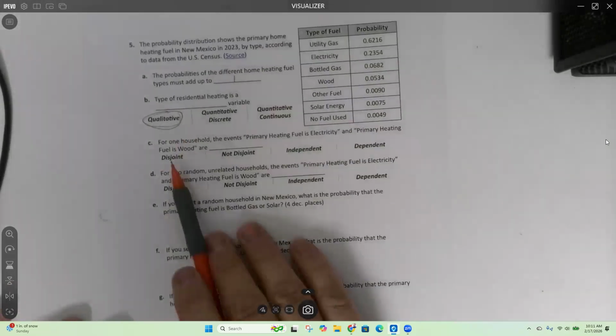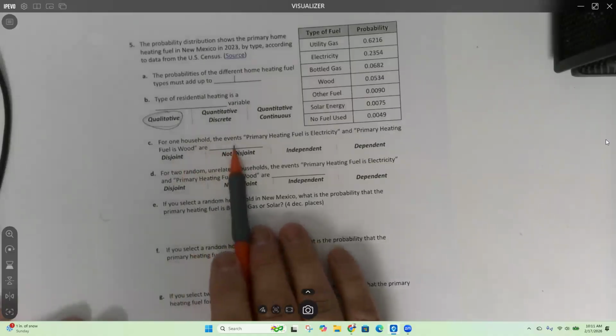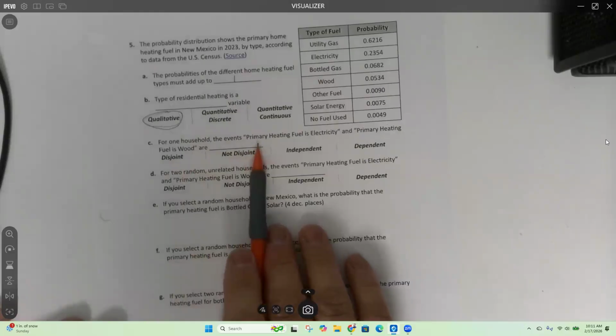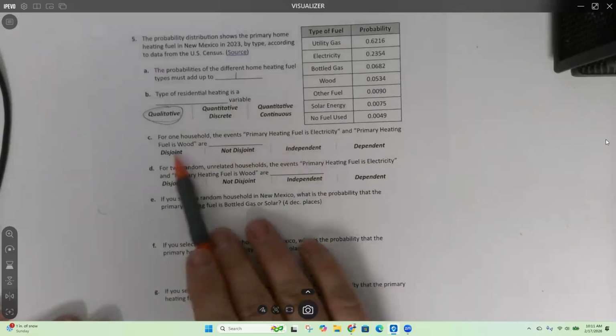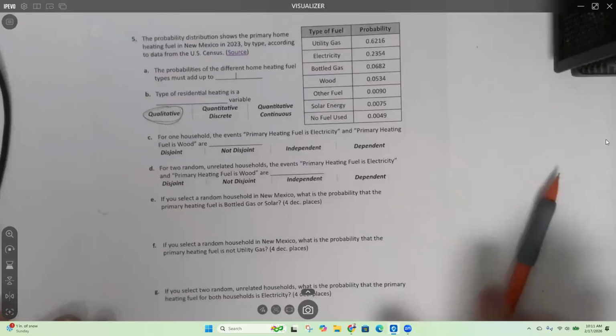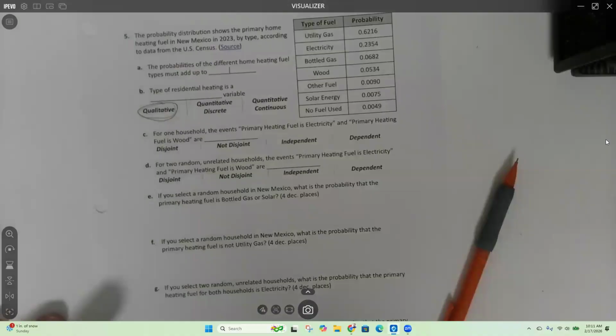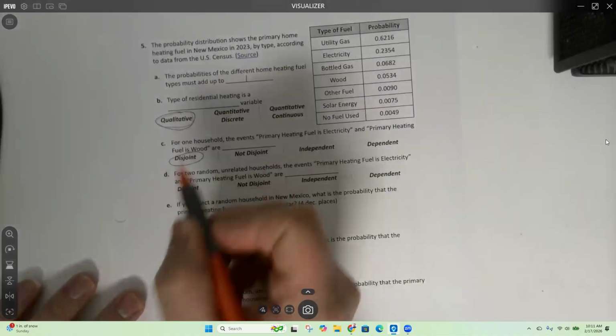Yeah. All right. Anyway, for one household, the event's primary heating fuel is electricity, and primary heating fuel is wood. Are those disjoint, not disjoint, independent, dependent? Somebody give me a guess on one of these. Well, Dana says disjoint. Rachel agrees.